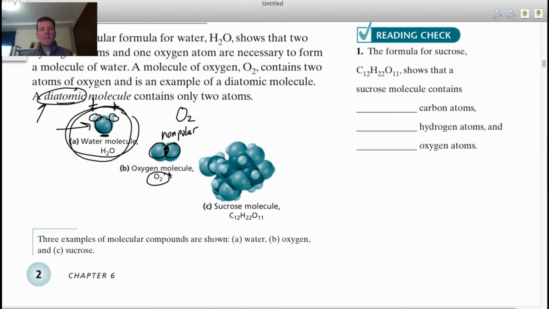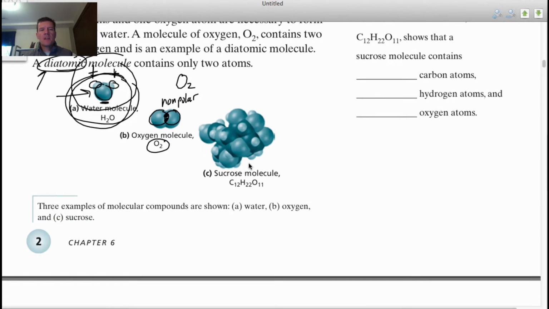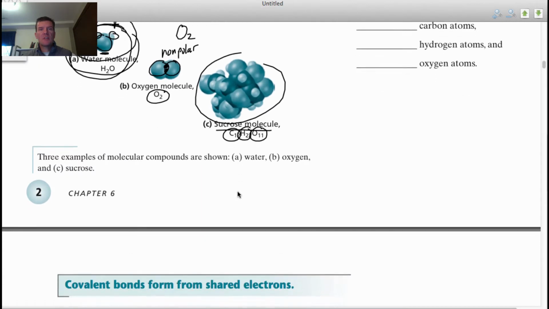Okay? Overall, the molecule is neutral, but the one side has fewer electrons mostly residing at that end. Okay? And here you got a sugar molecule, and that looks pretty complex, but basically you've got, in one sugar molecule, 12 carbon, 22 hydrogens, and 11 oxygens bonded together, all sharing electrons. Okay?